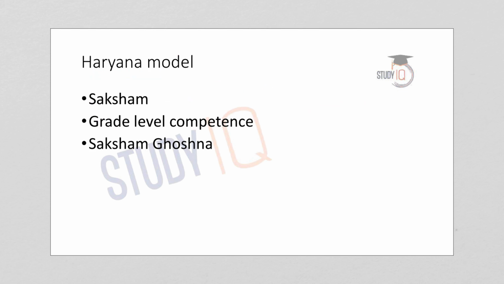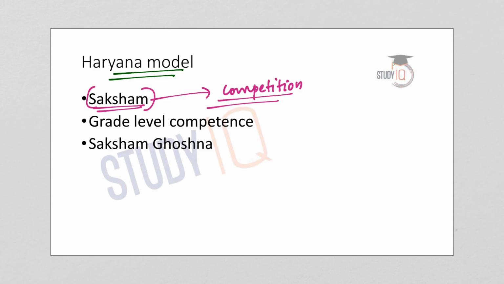So we will discuss what the Haryana model of inclusive educational transformation is. The state government of Haryana has created a race or a competition among the administrative blocks in order to be declared as Saksham. There is an ongoing competition among various administrative blocks in the state, and the winner will be called Saksham.